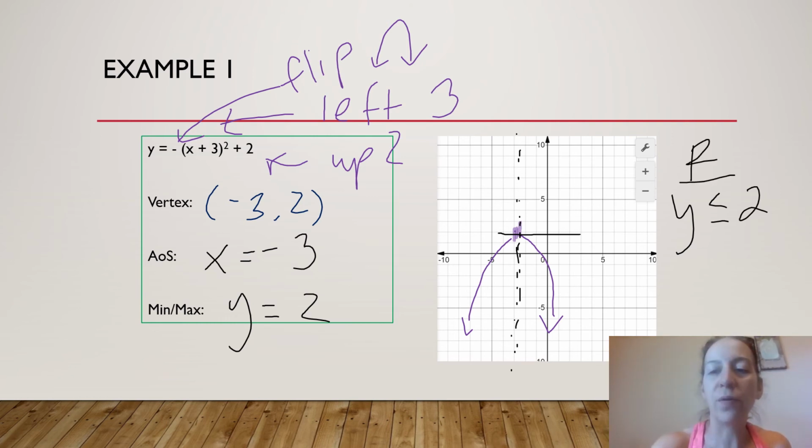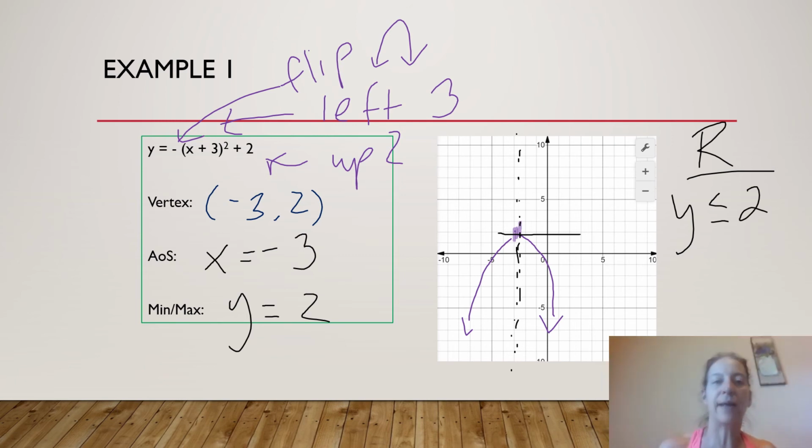Okay, so if you want to make that little supplemental note on the range, I know range isn't something that we were covering specifically in this lesson, but it is beneficial to go over that. And the domain is all real numbers because when it comes to the x's, it never stops or turns around. All right.